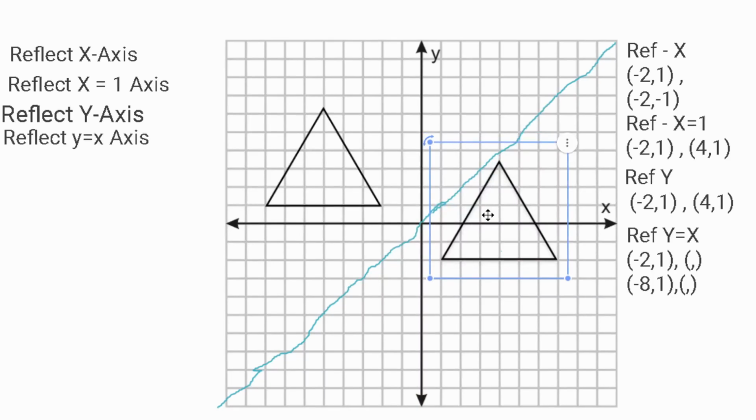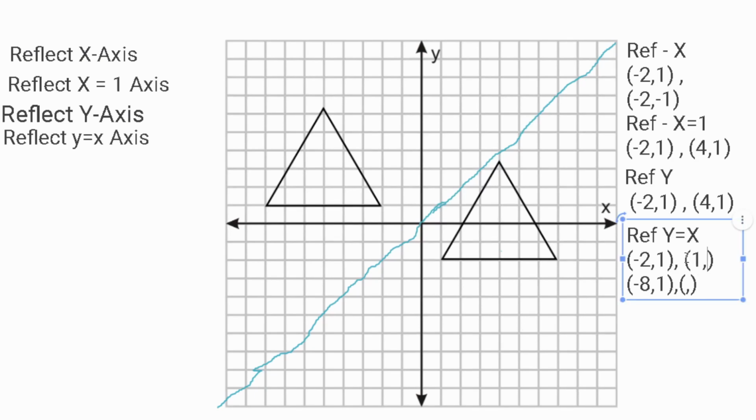But this makes sense, right? Because this is 3 from here, and this point is also 3 from here. If I drew a line, so we got 3 from this point, and then we got 3 from this point. 1 and 2, 1 and 2. So it's the same distance, but we haven't gotten the whole entire shape yet. We only got the other one, so let's do -8, 1. So we got this first set of coordinates over here, so let's do that.